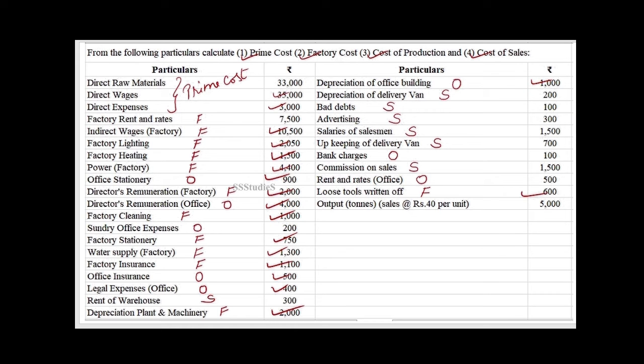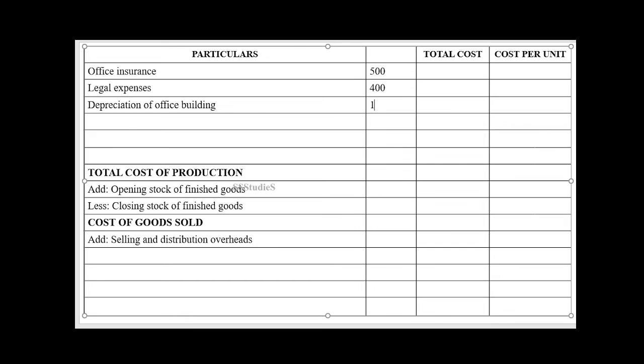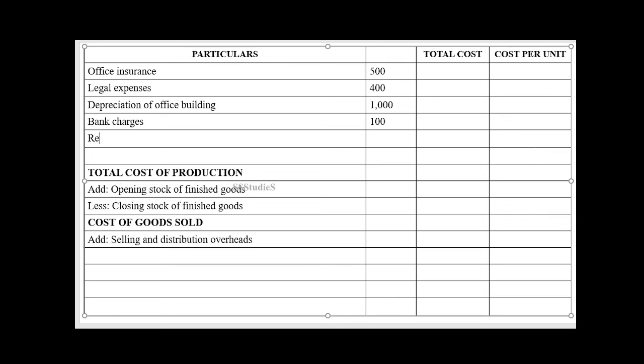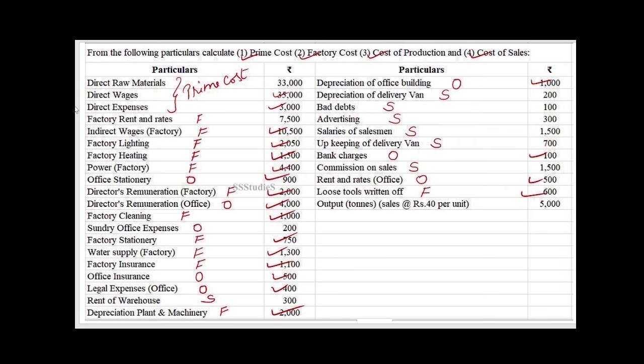Depreciation of office building 1,000, bank charges 100, and then we have rent and rates 500. Sundry office expenses 200.